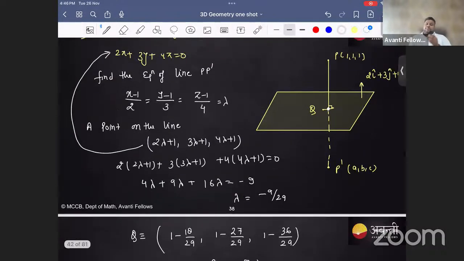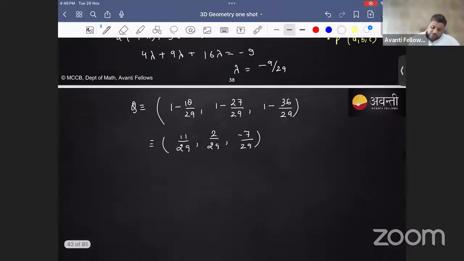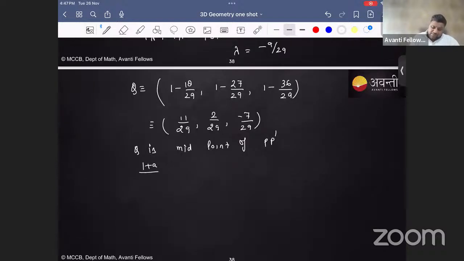Now see, since P dash is the image of P, this point Q is going to be the midpoint of PP dash. So (1 plus A) upon 2 is 11 upon 29. (1 plus B) upon 2 is 2 upon 29.